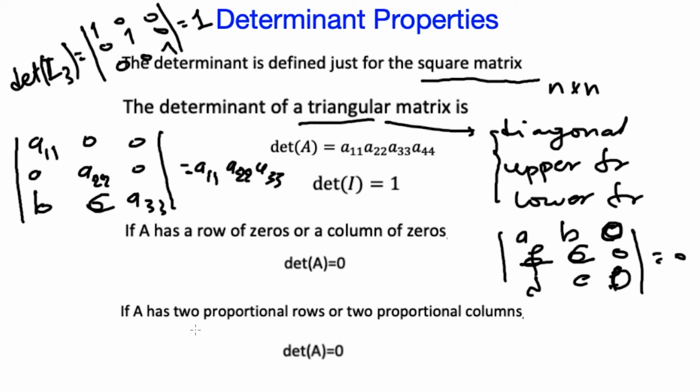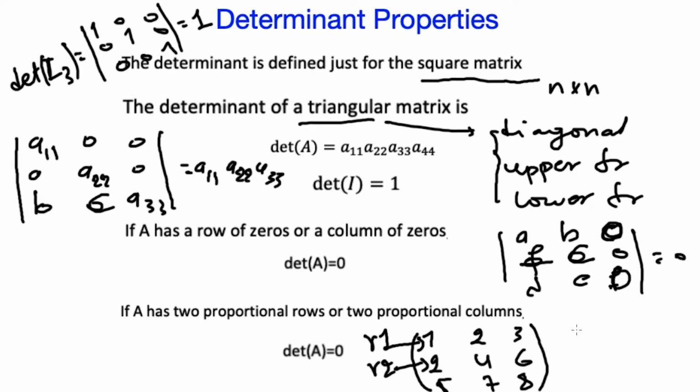And the same holds if we have two proportional rows or two proportional columns. For example, if we have a matrix with rows 1 2 3, 2 4 6, and 5 7 8, when we look at row 1 and row 2, row 2 equals 2 times row 1: multiplying by 2 we get 2, then 4, then 6.